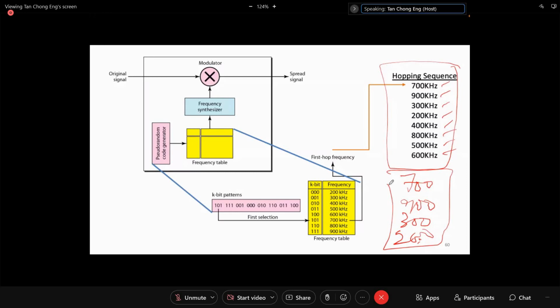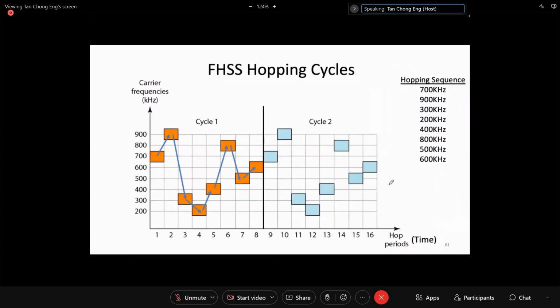By jumping around using different frequencies, what is the advantage? The advantage is that your frequency cannot be easily jammed because you are running at different frequencies. For example, the first one is 700, the second one is 900, the third one is 300, the fourth one is 200, and the fifth one is 400.